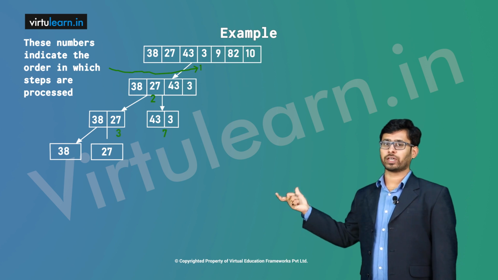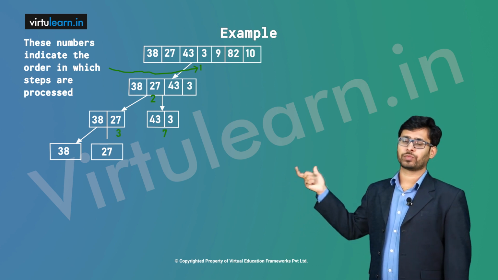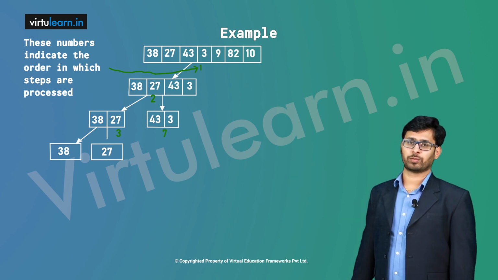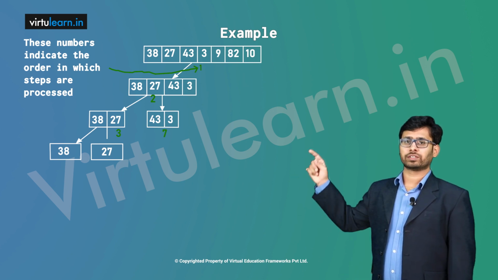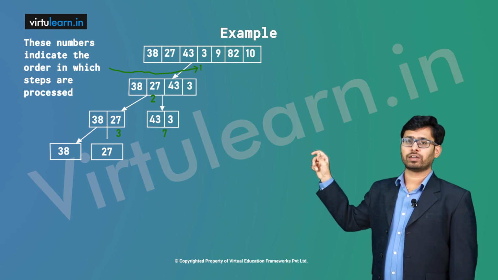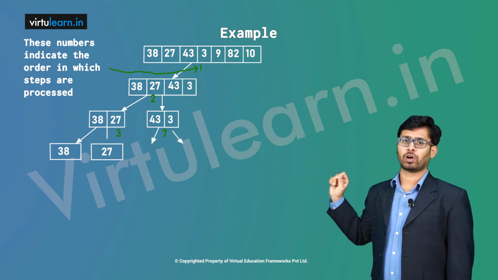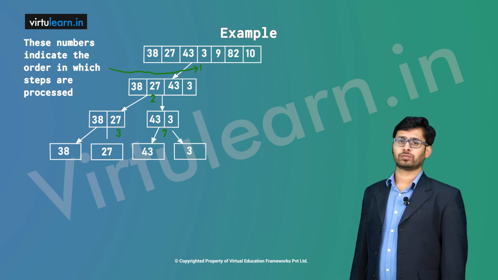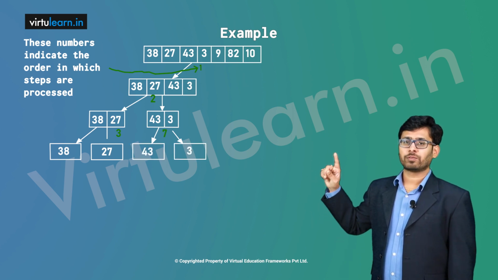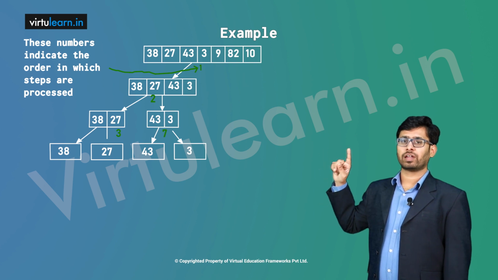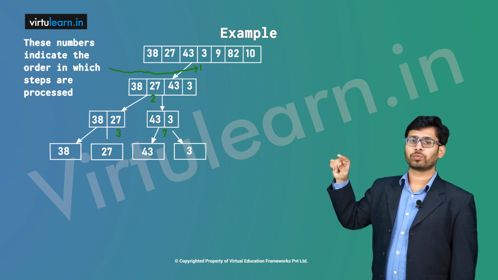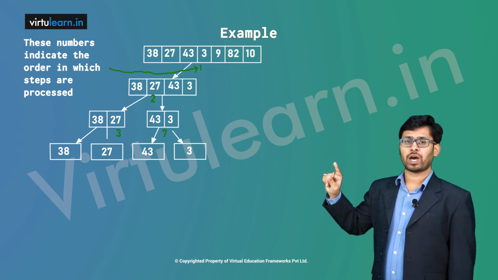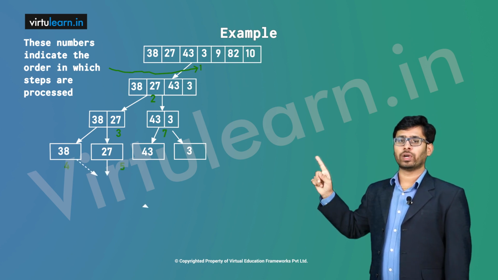Now we got an atomic, that is a single individual element, which means that element itself is sorted. Next 43 and 3 is subdivided again, and we get 43 and 3. Next let us produce the conquer step by comparing 38 and 27.